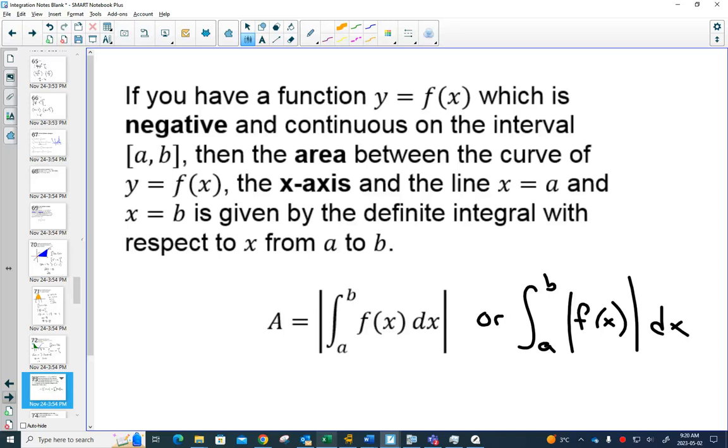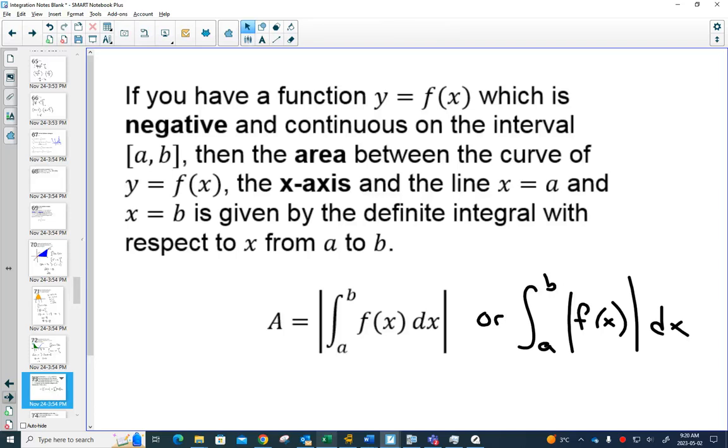However, if you're using technology, I find this is a lot better, because what this will do is if you take your function and flip all the negative parts above, now all your areas will be positive no matter what. So with technology, this part is nicer. Algebraically, you have to take the absolute value afterwards.